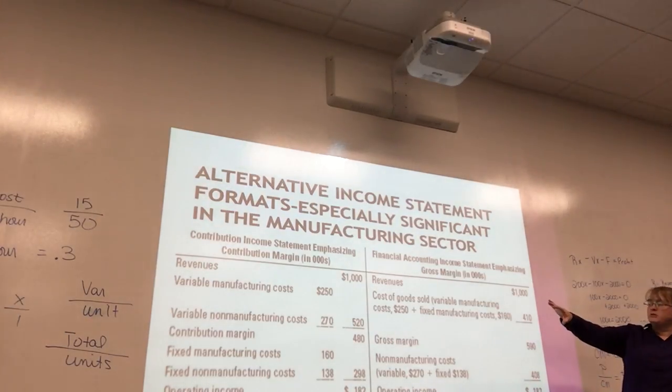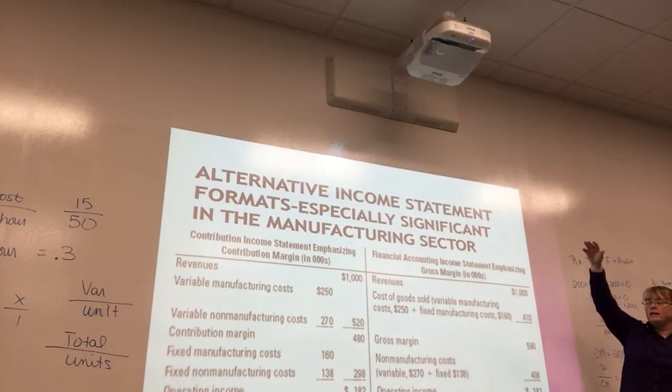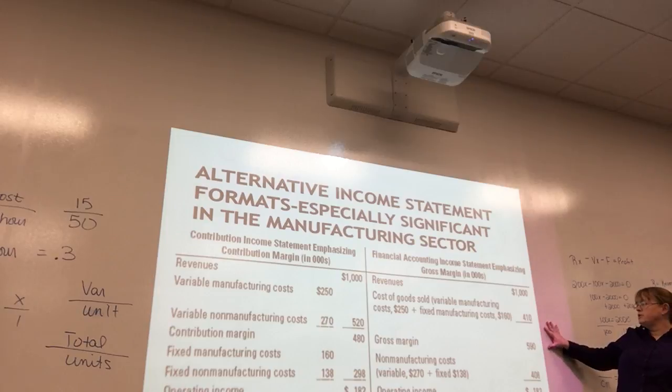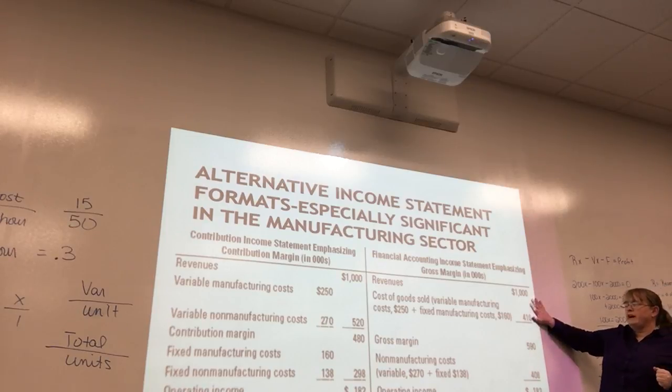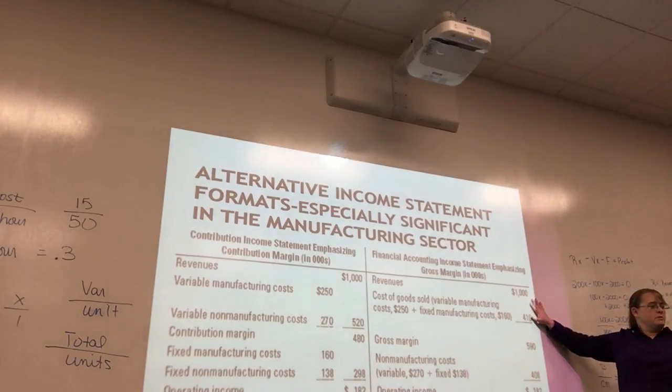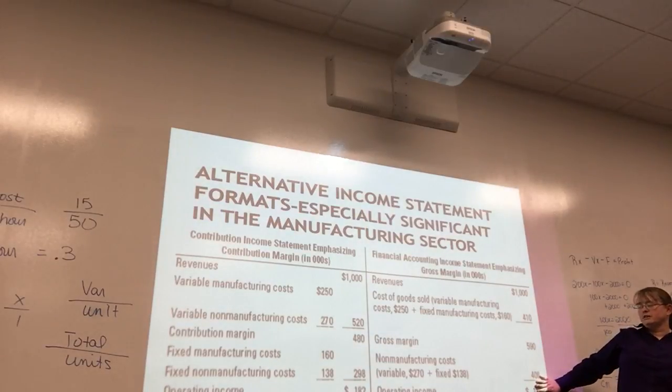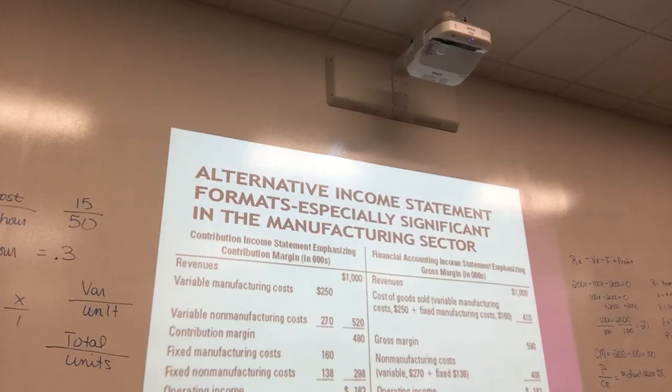So contribution margin: variable all on top, fixed all on bottom. Gross margin: your manufacturing costs, both fixed and variable, on top, and your non-manufacturing costs, both fixed and variable, below. You guys see the difference between those two? Okay? Any questions? How are you guys feeling so far? Good, bad, indifferent?